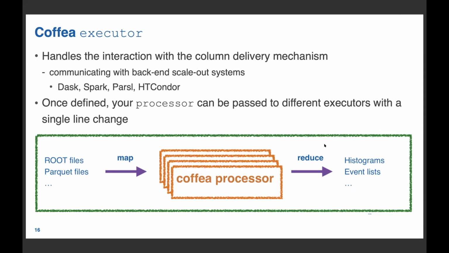It currently supports Dask, Spark, Parsl, and HTCondor, where Dask is the most advanced scale-out system interfaced with Coffea. That means that once you have your processor, it can be shipped around and executed on different executors with a single line change. I think the sketch is in some sense self-explanatory. It's a representation of how the map-reduce concept is developed and applied in Coffea.